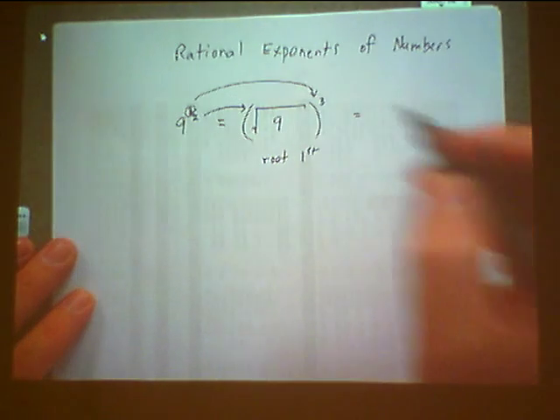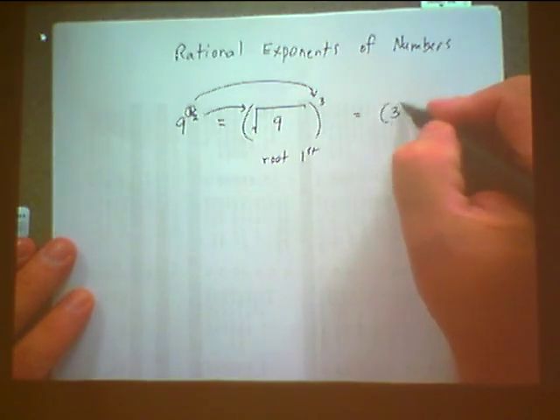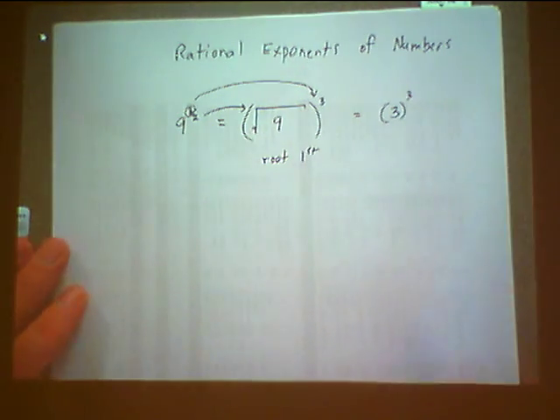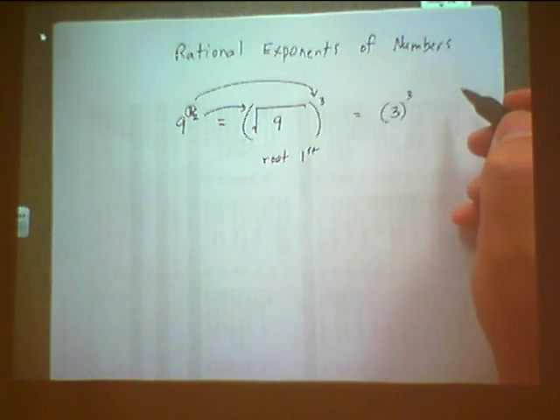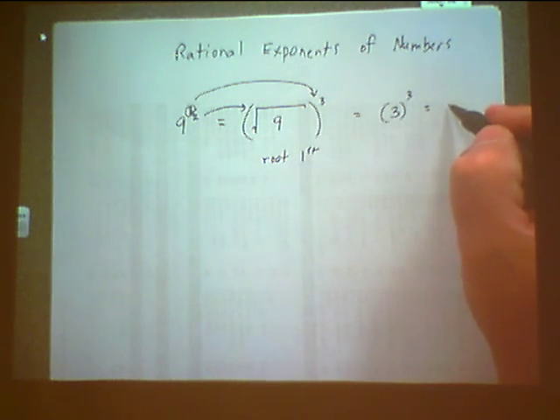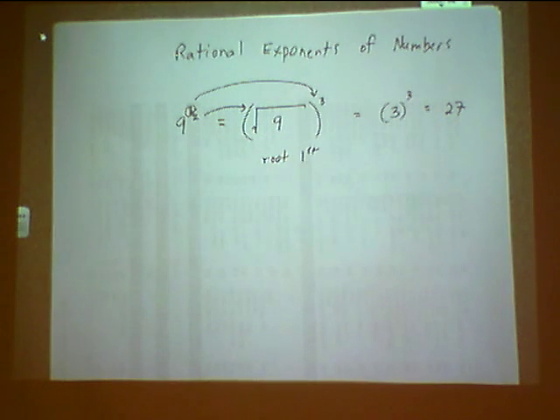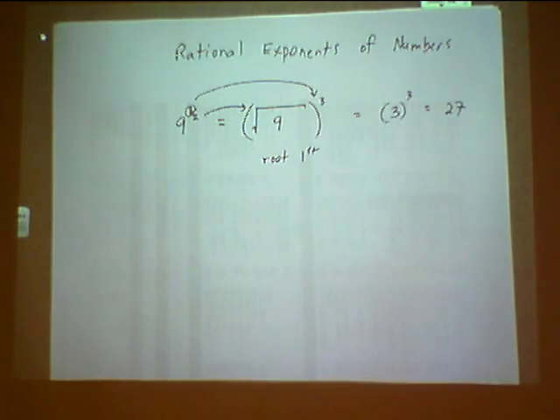So in this case, square root of 9 is 3. So I still have my exponent of 3 on the outside, and now 3 cubed is 3 times 3 times 3, which is 27. So 9 to the 3 halves equals 27.